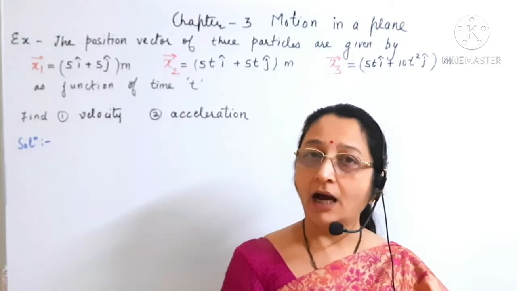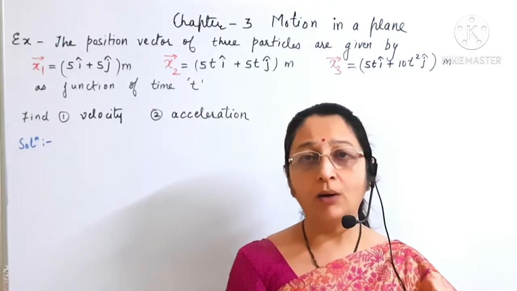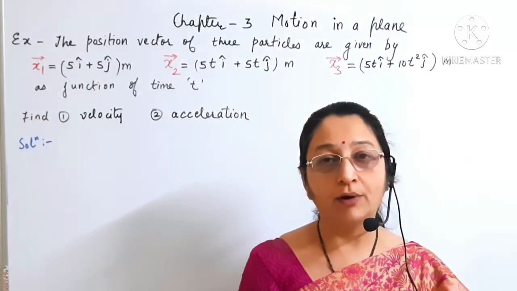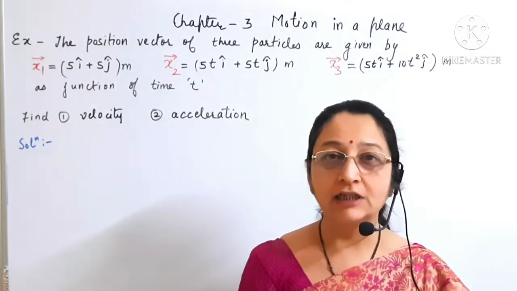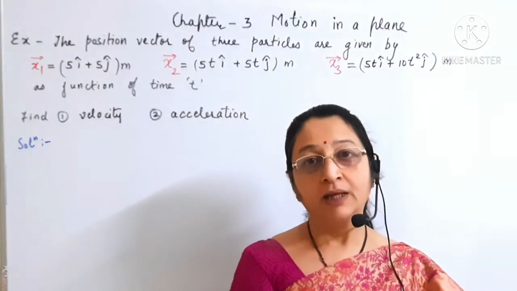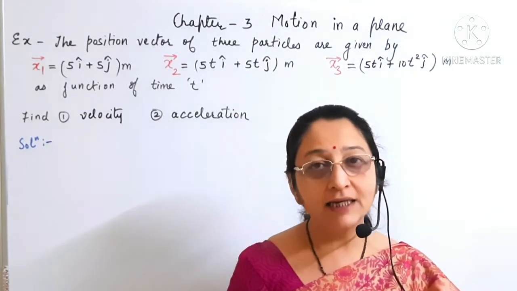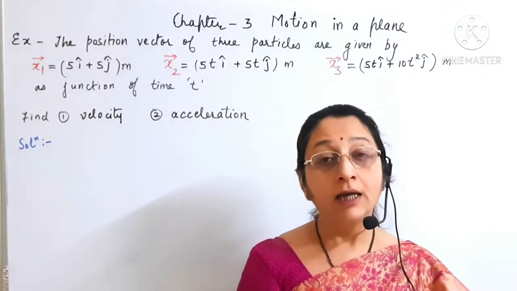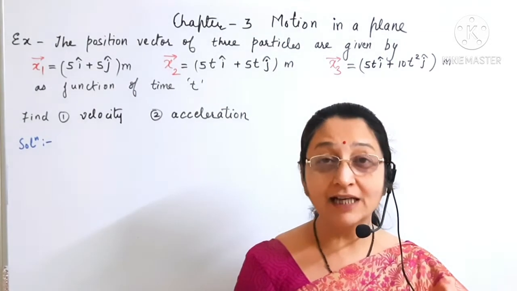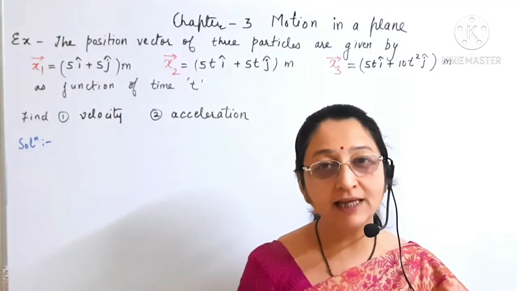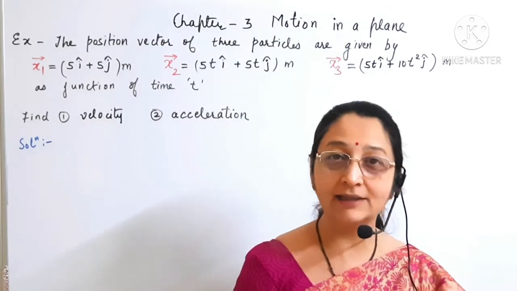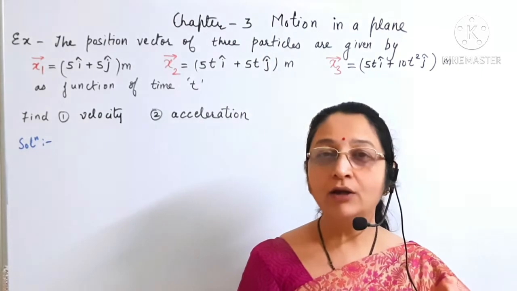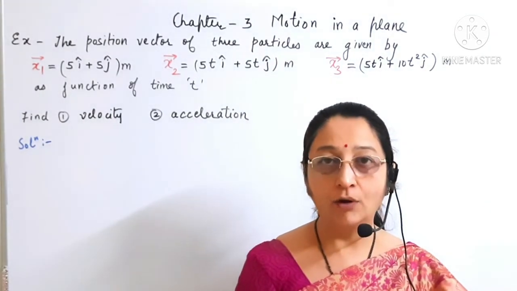Up till now we have discussed the displacement of the particle or the body, the average velocity and the instantaneous velocity, the average acceleration and the instantaneous acceleration of the object which is moving in a plane, that is, moving along the x-axis and also along the y-axis. So we have discussed this. Today we are going to discuss a problem on the same part.